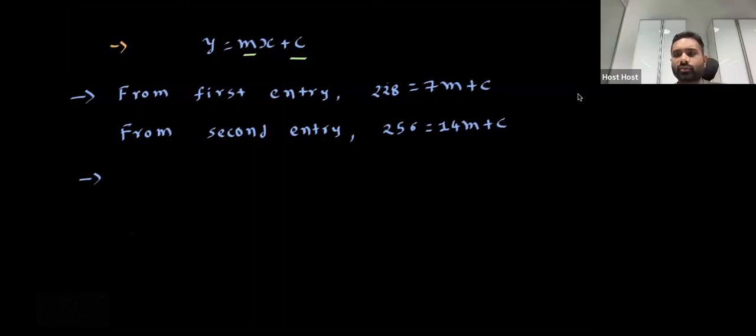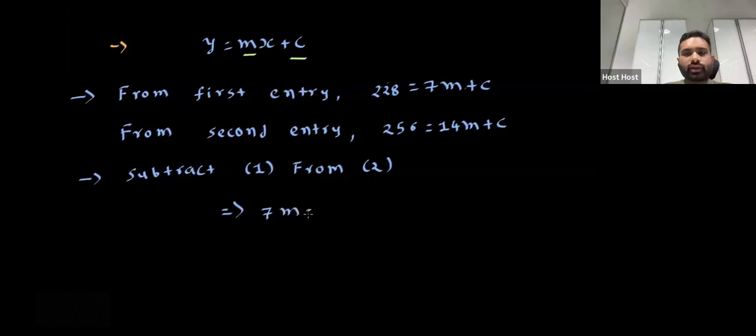It's a very simple problem. How to do elimination? The first thing is to subtract the first equation from the second equation. So if I do that, what will I get?